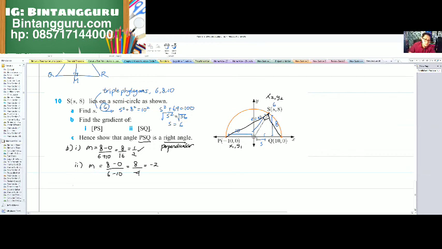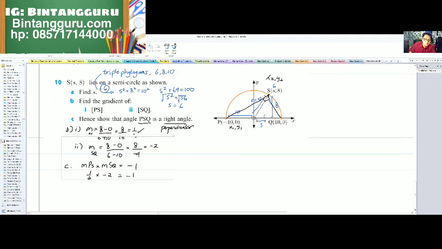Basically this is MPS, this is MSQ. So MPS multiplied by MSQ should be equal to minus 1. Then this is 1 over 2 times minus 2 should be equal to minus 1. So minus 1 equals minus 1, proven.